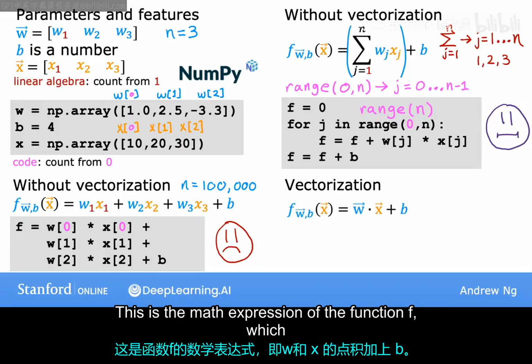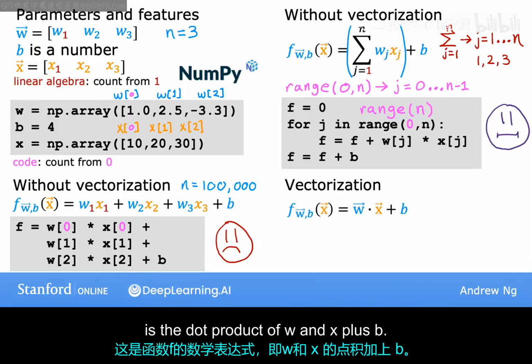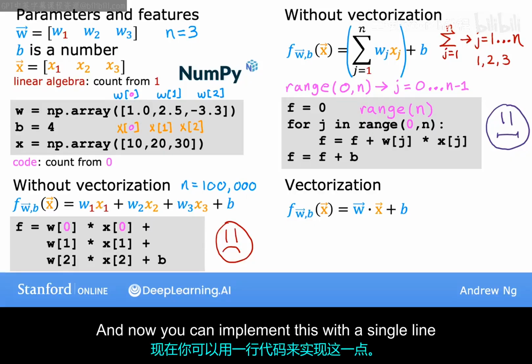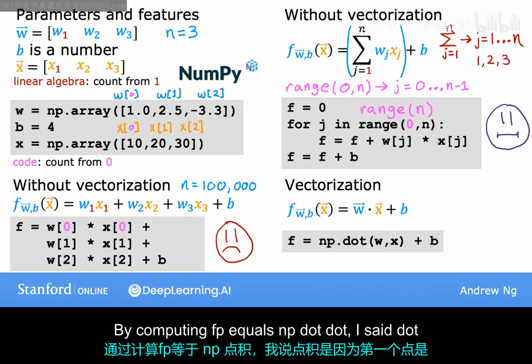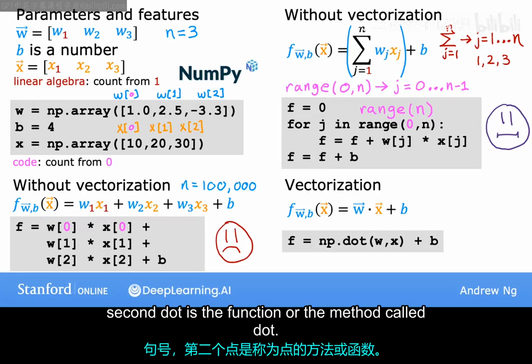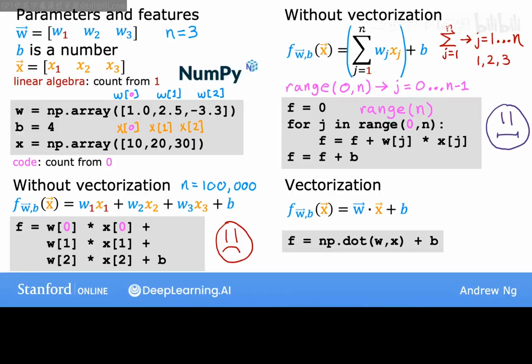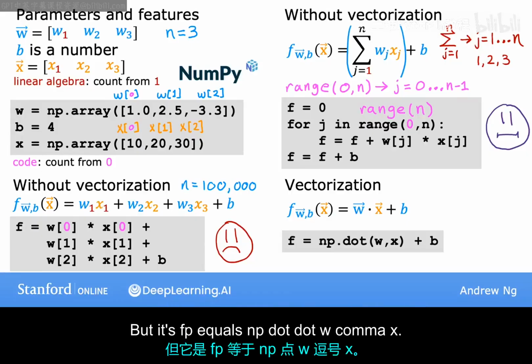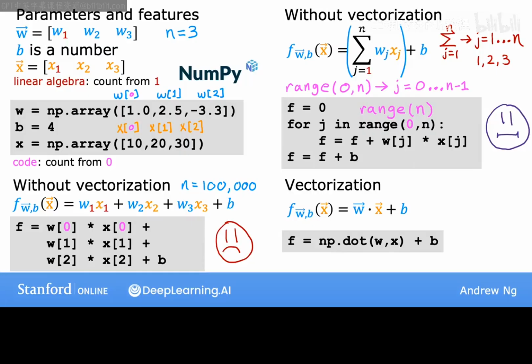This is the math expression of the function f, which is the dot product of w and x plus b. And now you can implement this with a single line of code by computing f equals np.dot. I said dot dot because the first dot is the period and the second dot is the function or the method called dot. But it's f equals np.dot(w, x).